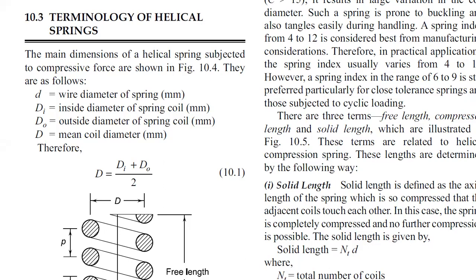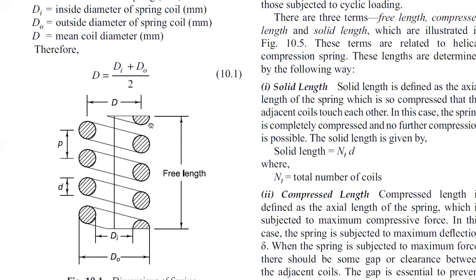See, the helical spring is subjected to a compressive force, because what will happen if you consider this is the front view of the spring, and we are applying a load from the top end like this and like this. If this is the case, then what can we do to design this kind of helical spring?